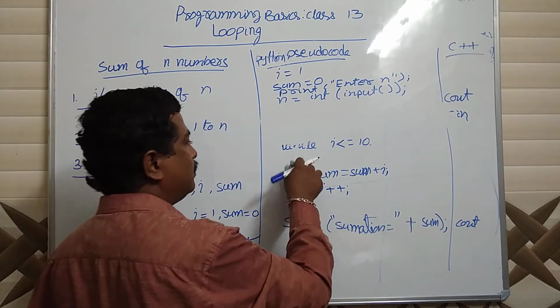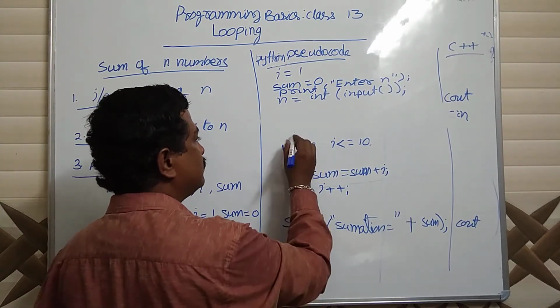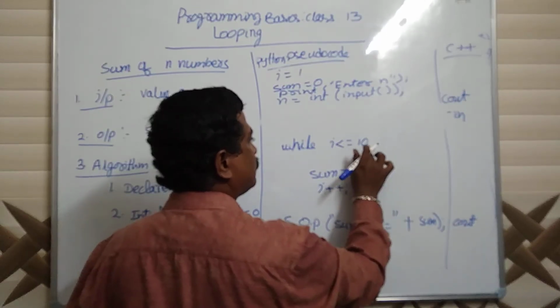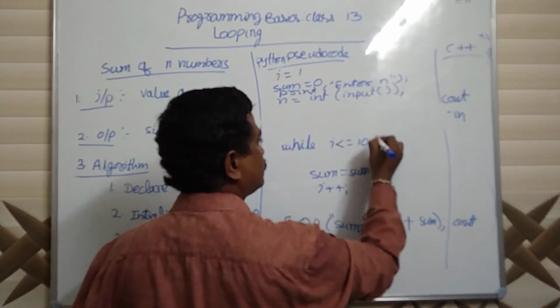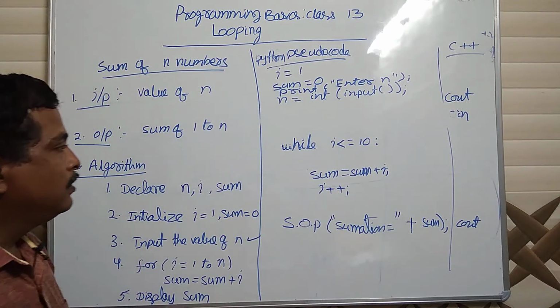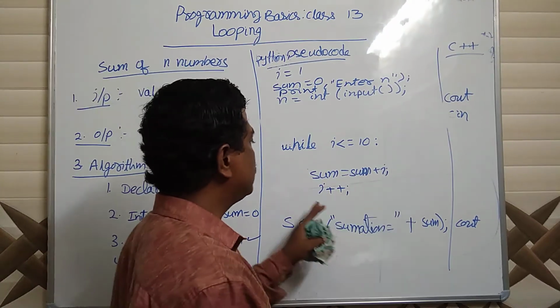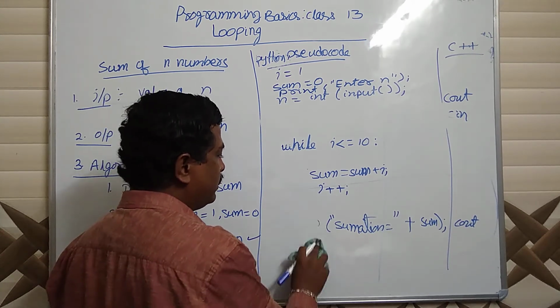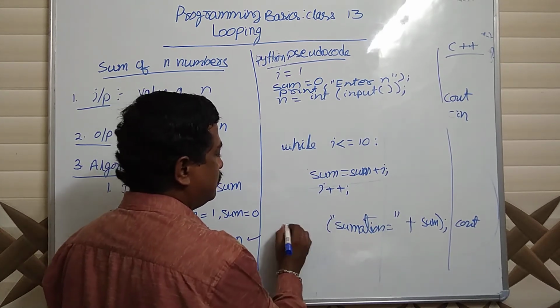Okay, then with proper indentation, while i less than or equal to 10 colon, okay, then with indentation sum equals sum plus i. Okay, here in place of printf and SOP, it is print.